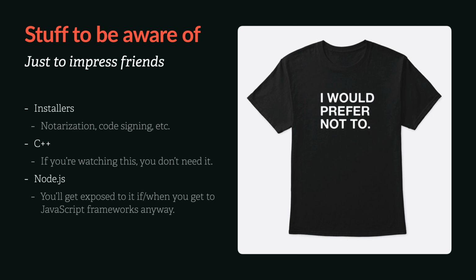And Node.js, you shouldn't get into that either, unless you make use of a JavaScript framework, in which case Node.js is going to drive the automation process for the TypeScript transpiler, the code bundlers, and so on and so forth. So all these things, you can just read the names and move on.